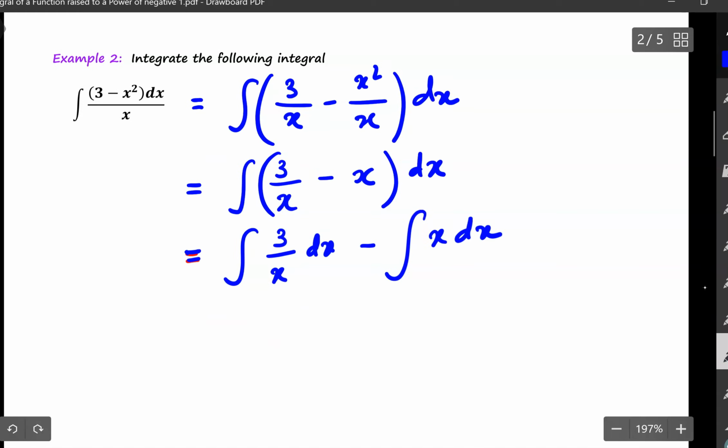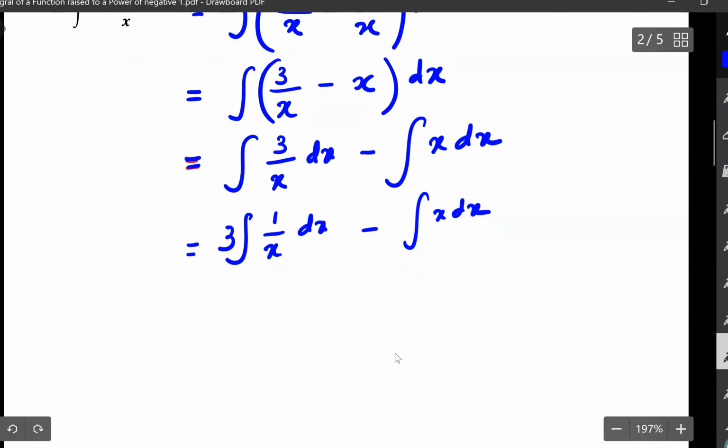So I apply that property and I break this integrand into two individual integrals. Now you see 3 divided by x, this one is a constant multiplied by, so you can bring that across the integral sign. So I will have 3 times the integral of 1 over x dx, and I subtract the integral of x dx.